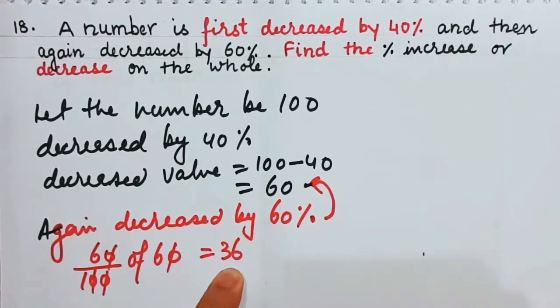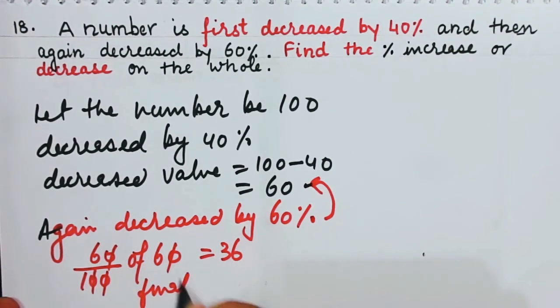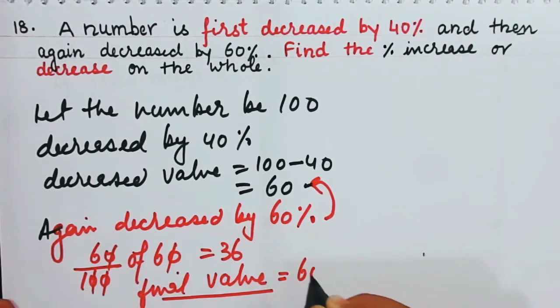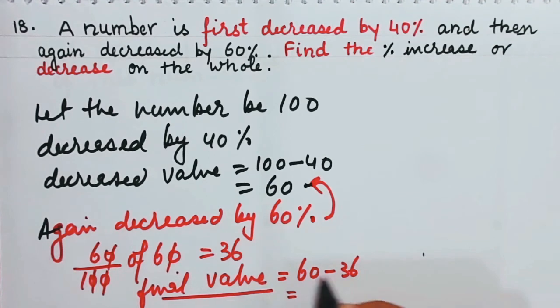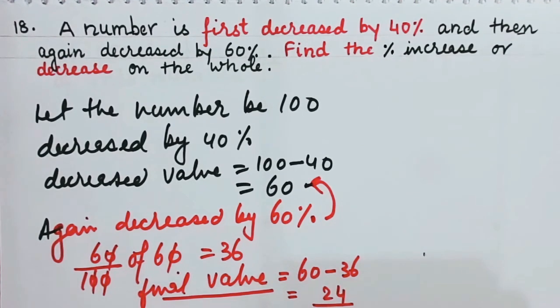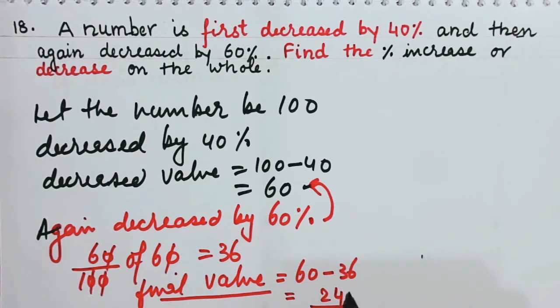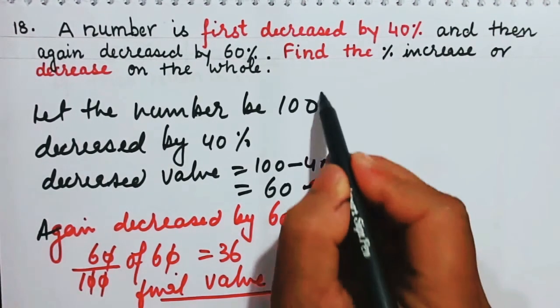Means 36 is the decrease. So the final value will be equal to 60 minus 36, which gives you 24. So 24 is the final value, while 100 was your original value.